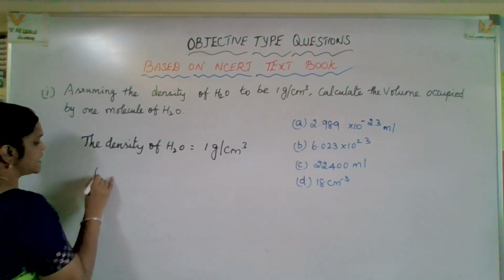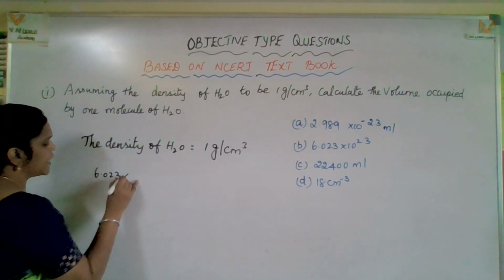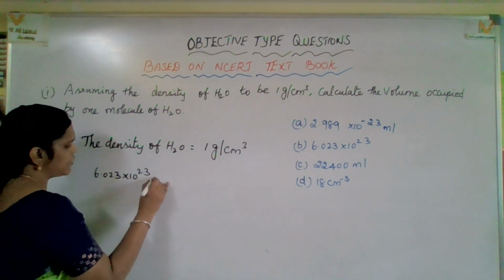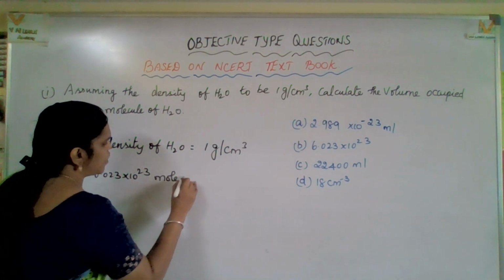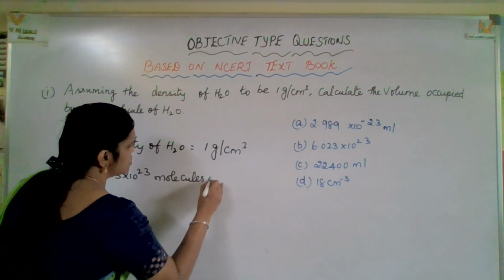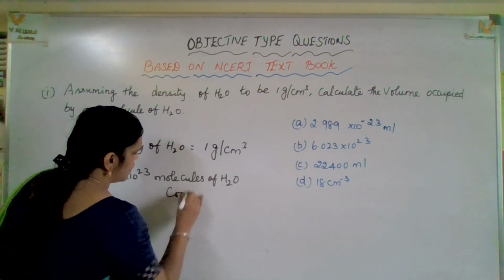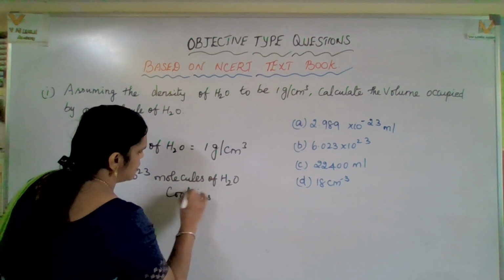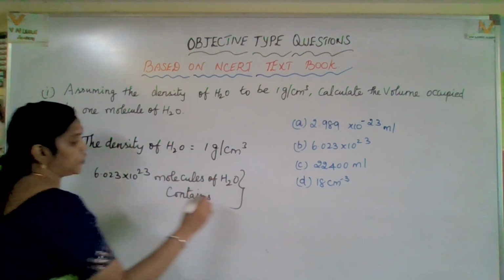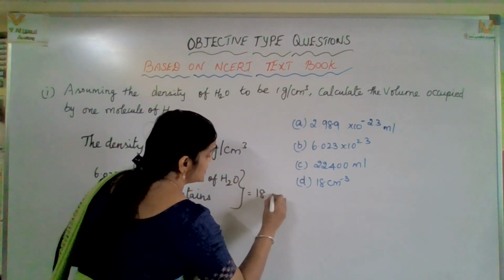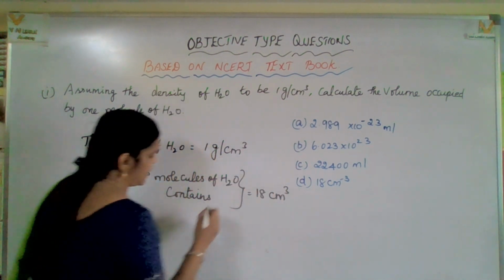So, 6.023 into 10 to the power of 23 molecules of water contain how much? 18 centimeter cube, right?